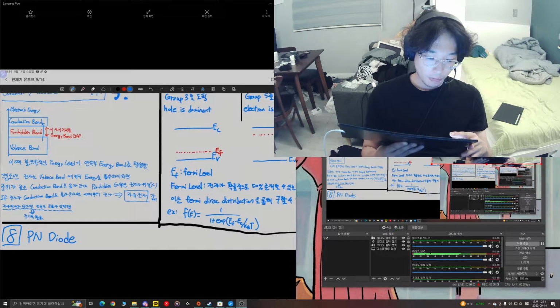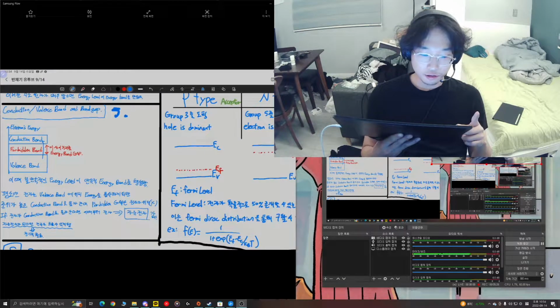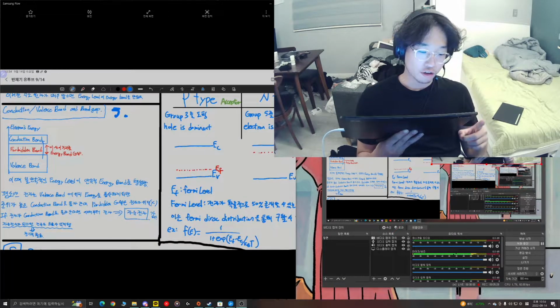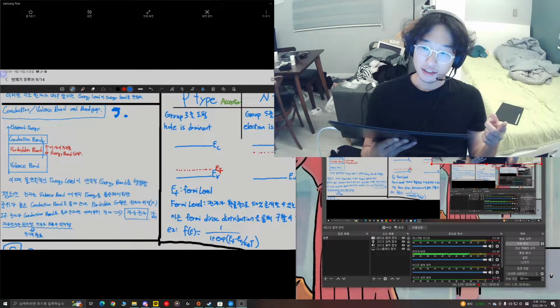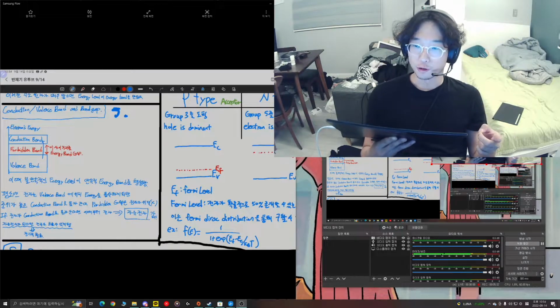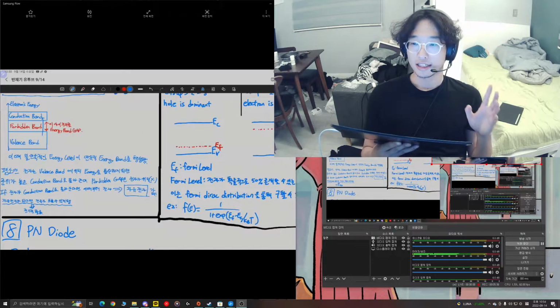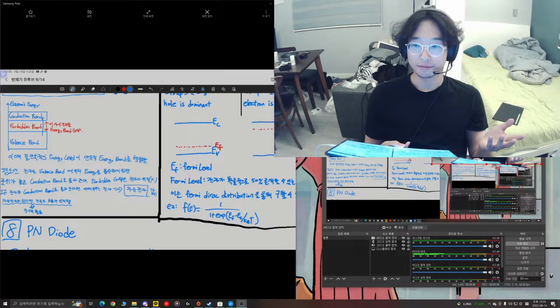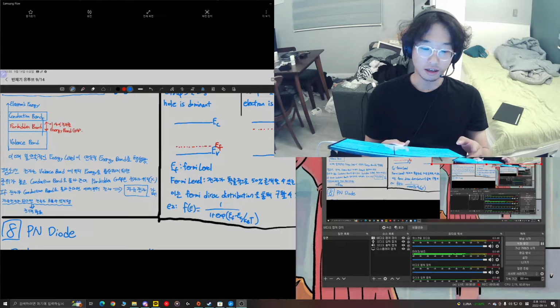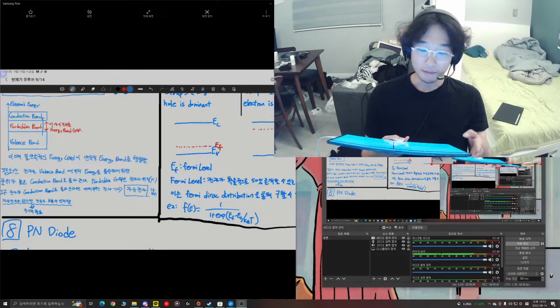So if the electron gets energy and goes up to the conduction band, it becomes a free electron, and a free electron means it can be a flow of electrons.